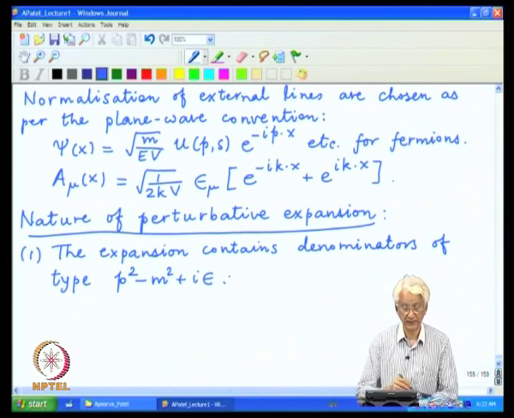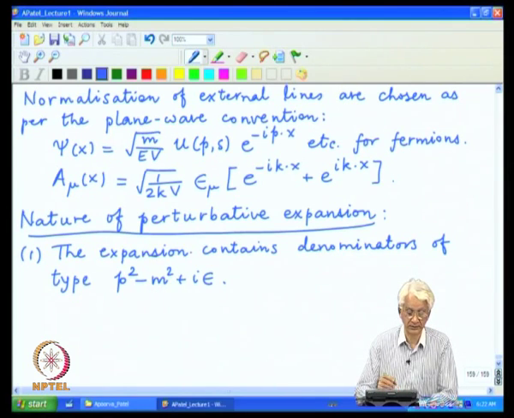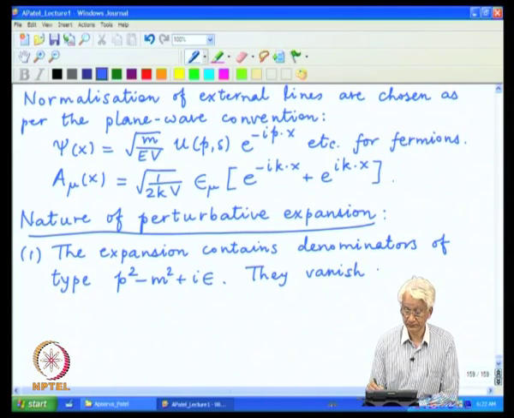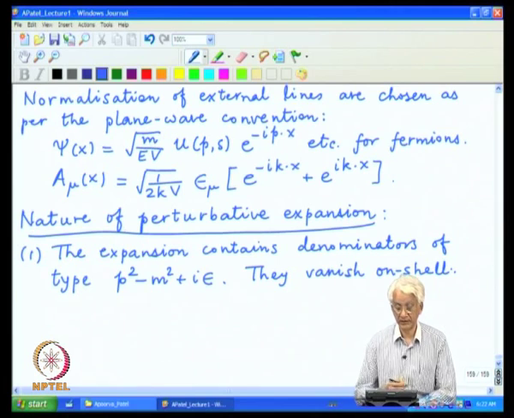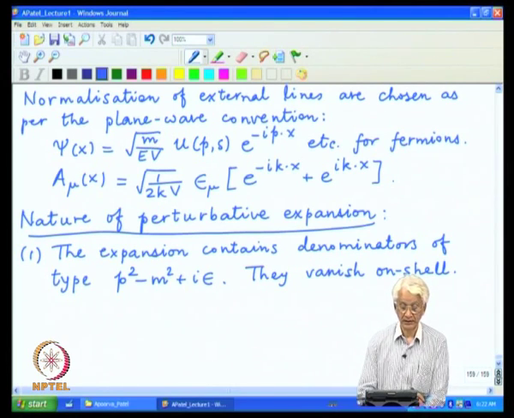Generically, this is the feature in relativistic theories. For massless photon, m is 0, and for fermions it can be mass non-zero, but these are the factors which appear, and they vanish in states which are called on shell, which obey the dispersion relation exactly, means p square equal to m square.